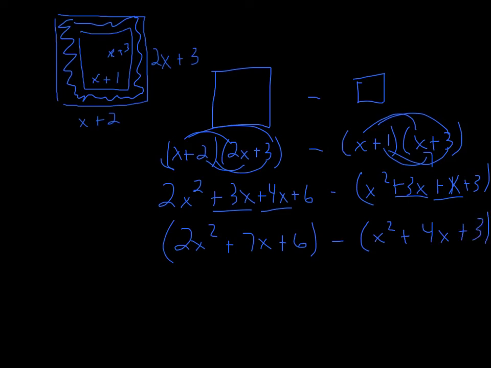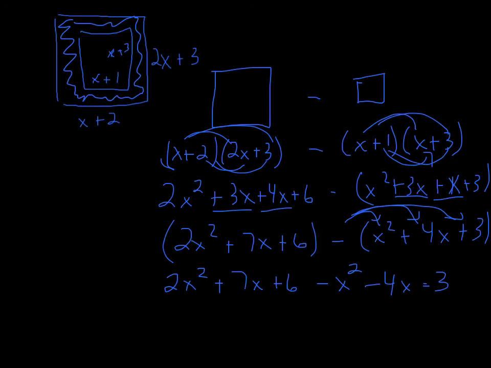Now we're subtracting this, so we have to make sure we get the additive inverse of everything in there, and I'm going to drop my parentheses once I do that. So we have 2x squared plus 7x plus 6 minus x squared minus 4x minus 3.